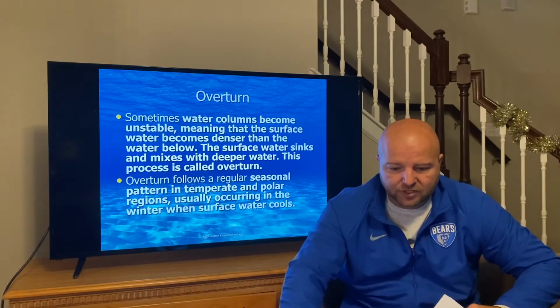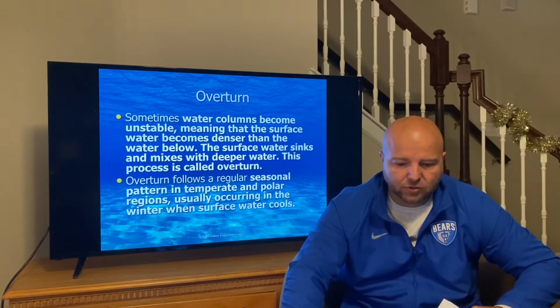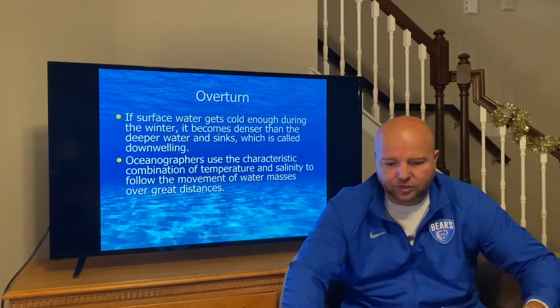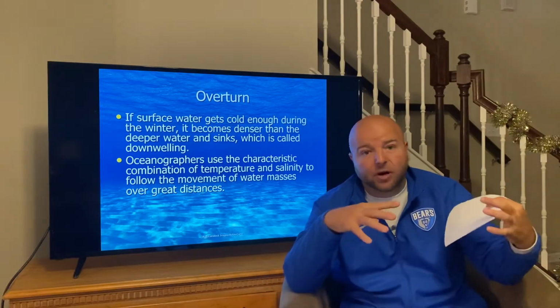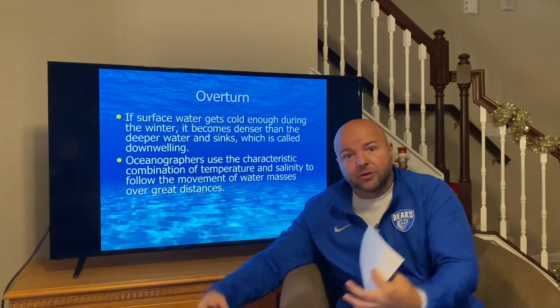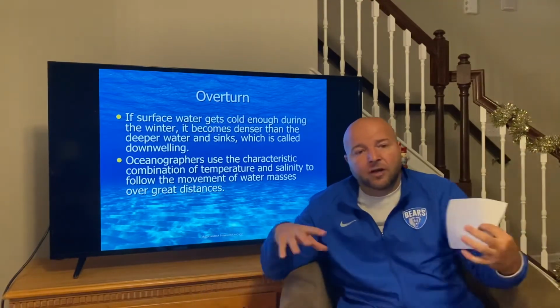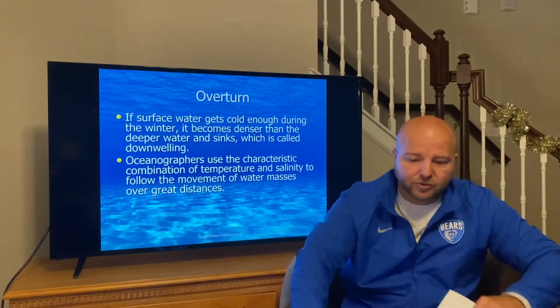Follows a regular seasonal pattern in temperate and polar regions, usually occurring in the winter when surface waters are cool. So if surface waters get cold enough during the winter, they become more dense and they sink. That process of these colder waters sinking down, they become more dense because of the temperature, and as they sink down, the current that's created is referred to as downwelling.